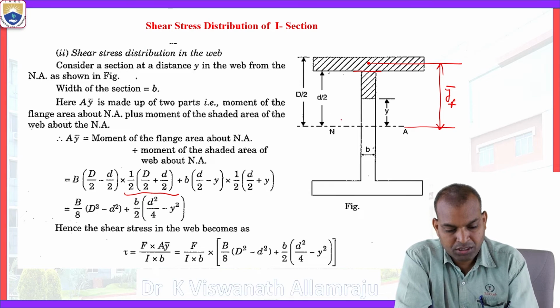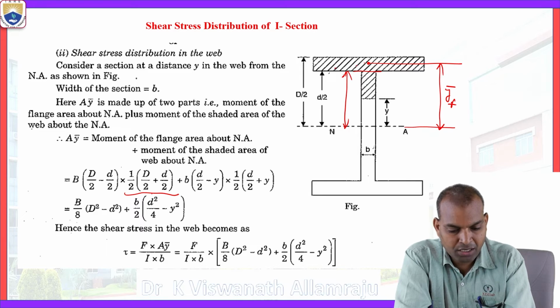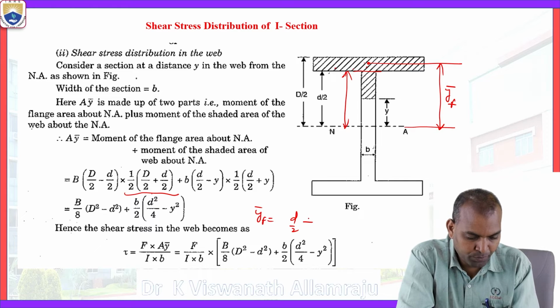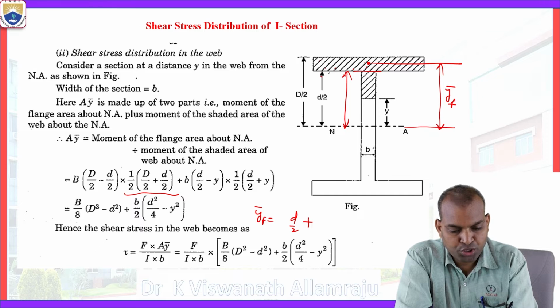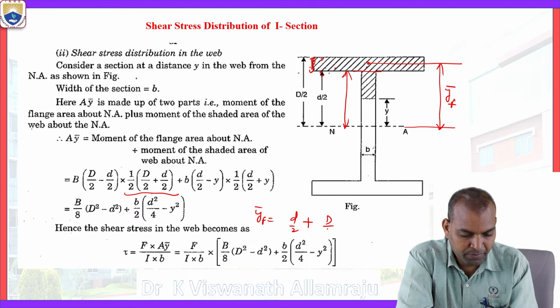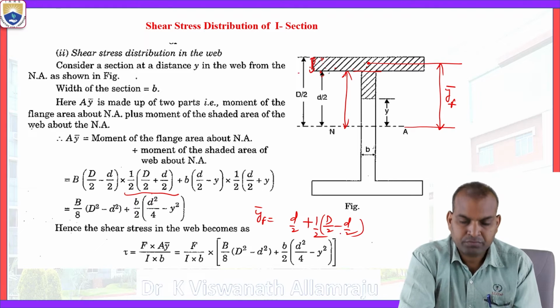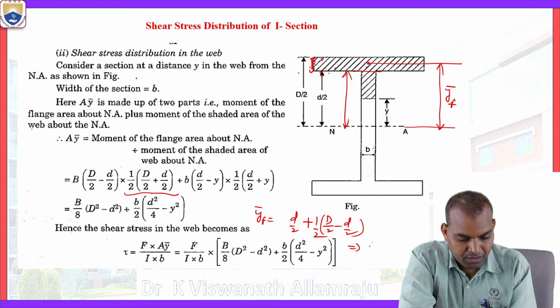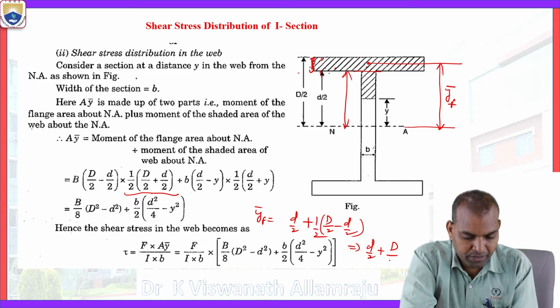It comes from here to here: d by 2 plus half of this portion. So the flange y bar equals d by 2 plus half of the difference, this shaded area, capital D by 2 minus small d by 2. Half of that, 1 by 2. If we simplify this, we get small d by 2 plus capital D by 4 minus small d by 4.